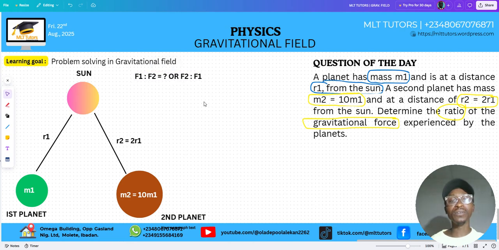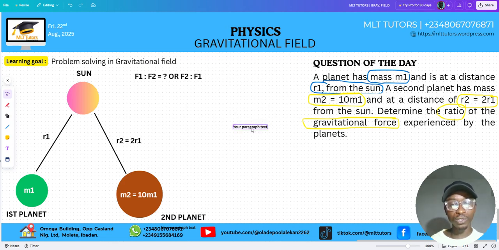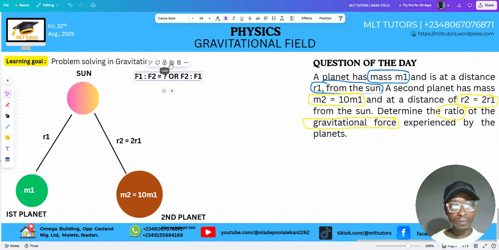So regardless of the one that it is, that won't be a problem, because we know that F1 ratio F2 will be the reciprocal of F2 ratio F1. This is what I'm trying to say. This shouldn't be a problem, because at the end of the day, we have one being the reciprocal of the other. All right, let's keep this here.